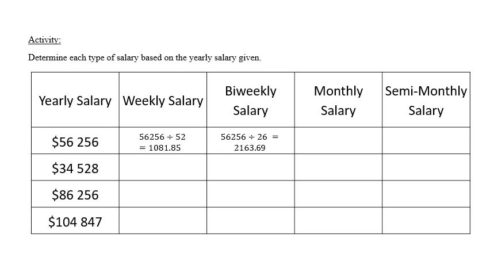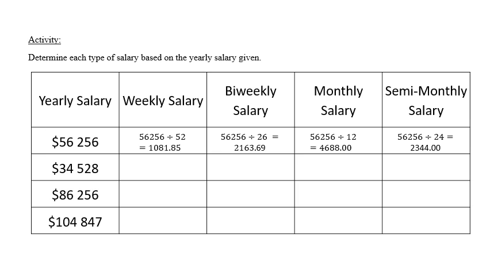$2,163.69. For a monthly salary, we would break that yearly salary up into 12 pieces, which means we would divide it by 12. And a monthly salary would be $4,688. And a semi-monthly salary, so because if you get paid semi-monthly, you get paid 24 times in a year, we would break that salary up into 24 equal paychecks.